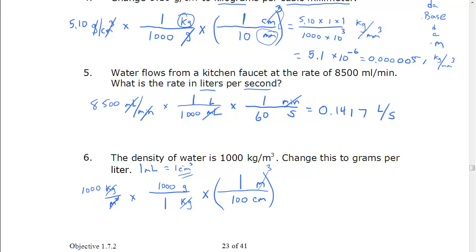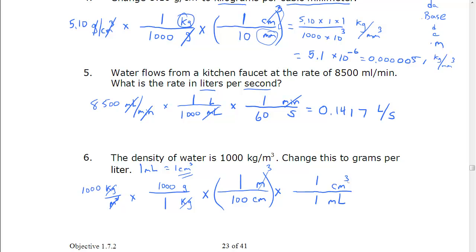But we don't want cubic centimeters. We want liters. So first we need to change to milliliters. The next step then is to cancel the cubic centimeters. This one's a little different because we can actually put cubic centimeters here, because 1 cubic centimeter is 1 milliliter. That's a conversion that actually works with the cubic just up top.